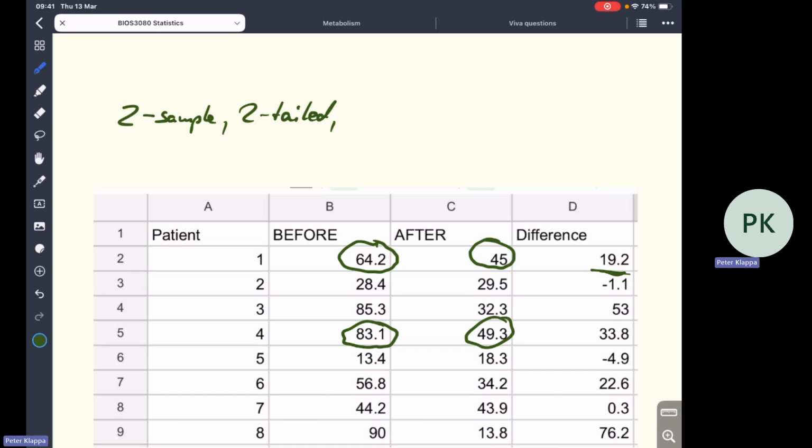Yeah? Makes sense? So therefore, this test is not an independent t-test. It is actually called a dependent t-test. You also find the expression a paired t-test because you've got 2 pairs. You've got pairs. Yeah? Or it's also called a matched t-test.